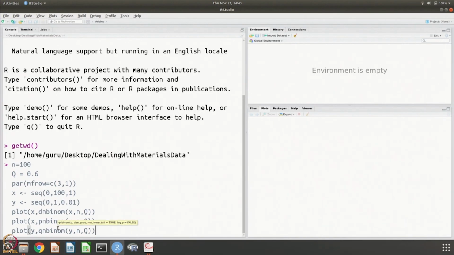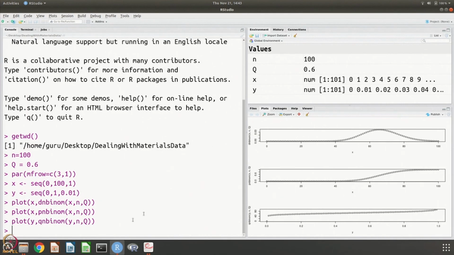So, let us do that and you can see. This is the probability distribution function, and if you want to detect 100 atoms with 0.6 probability, you would expect about 65 atoms to be detected.